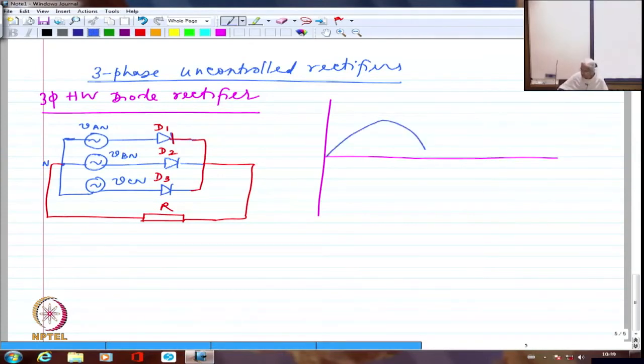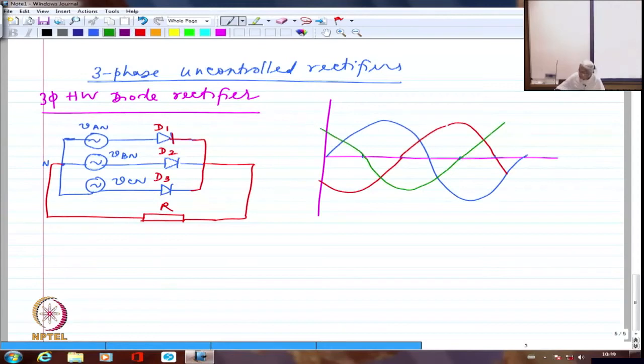So this is the sinusoid. So let me divide this into 120 degrees interval, 60 degree interval. So obviously my second phase is going to be somewhere here, and the third phase is going to be something like this. These are the three phases, right? Now let me name them. This is VA, so the second one is VB, and this third one is VC.